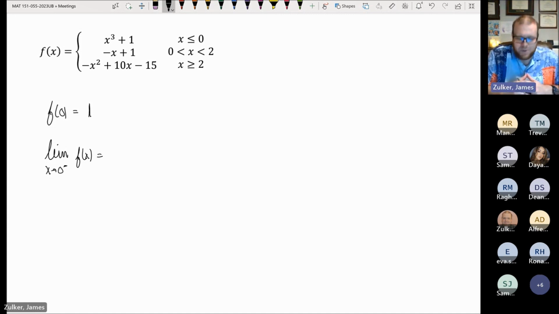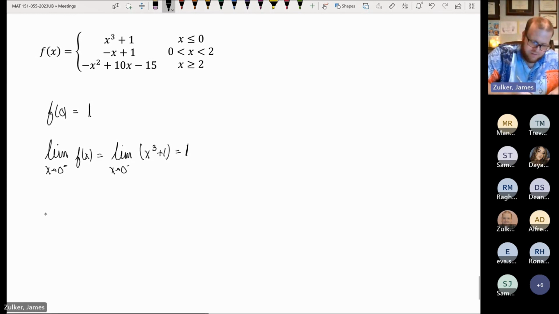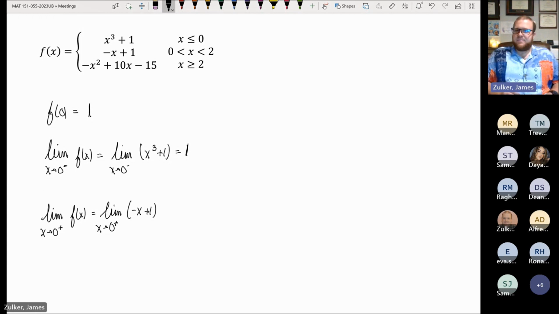Take the limit as we approach 0 from the left. What we're taking the limit of is x cubed plus 1, which is 1. If we now approach from the right, we're going to use the negative x plus 1, which again is 1.